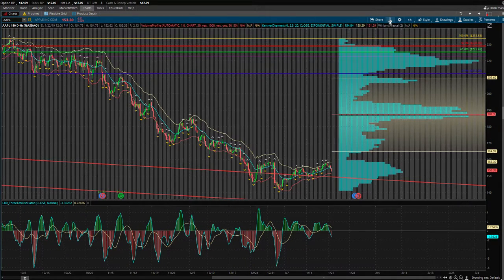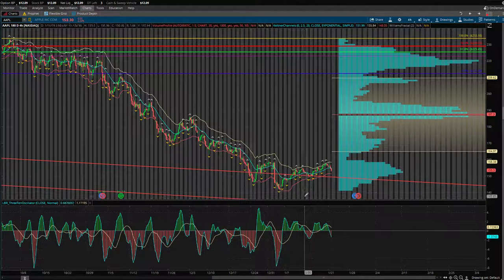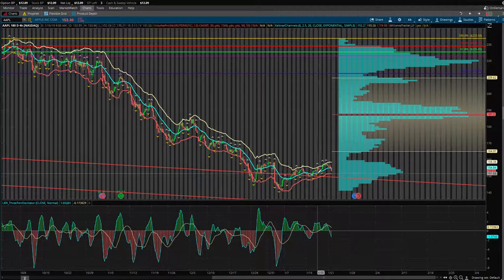Once you've loaded it on there, you can always go, okay, where do I want this to be, or what do I need this to be? So there is that. I'm going to hit OK, and I guess Apple is just not going to get up off its butt, because I can't get a signal out of Apple.